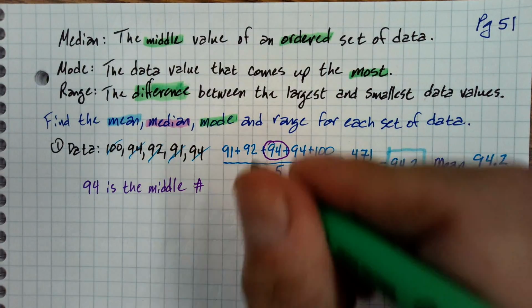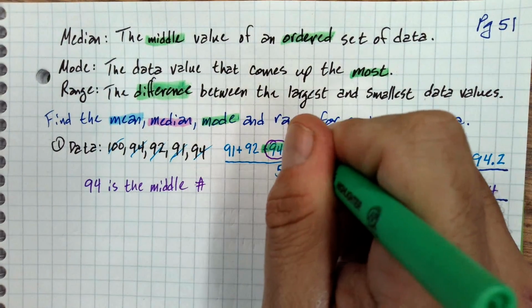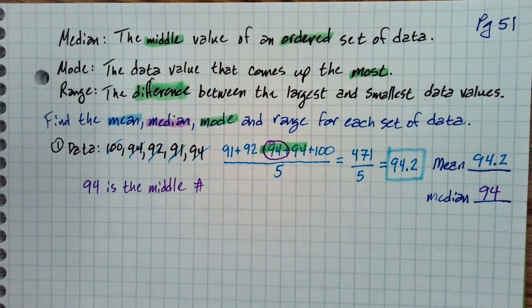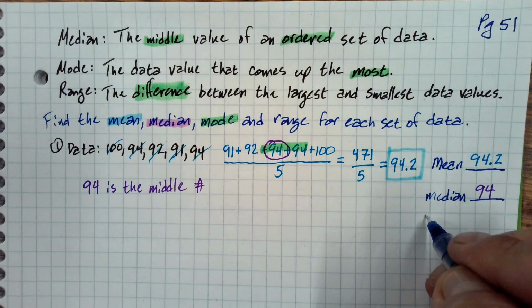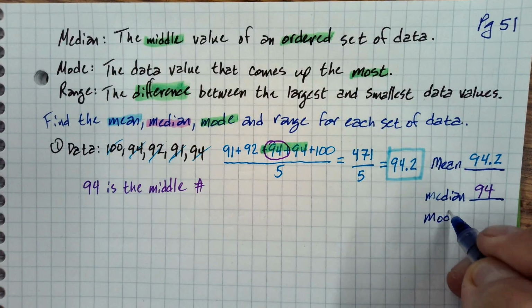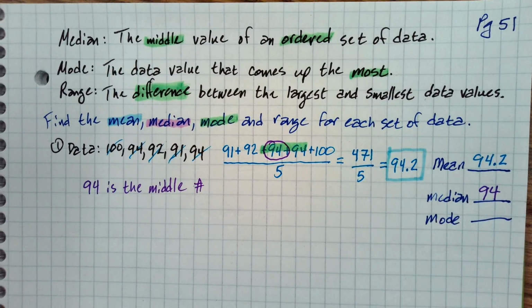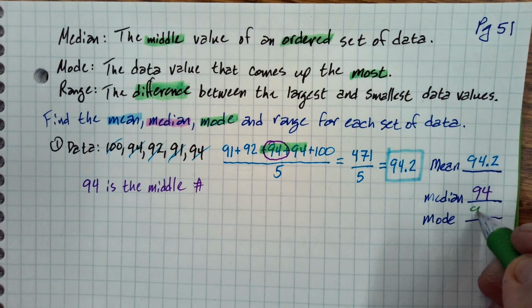In this case, twice. 94 came up 2 times. That's enough to make it the mode, the most likely number to come up. Okay? So over here for mode, we're going to write 94 because it came up the most.